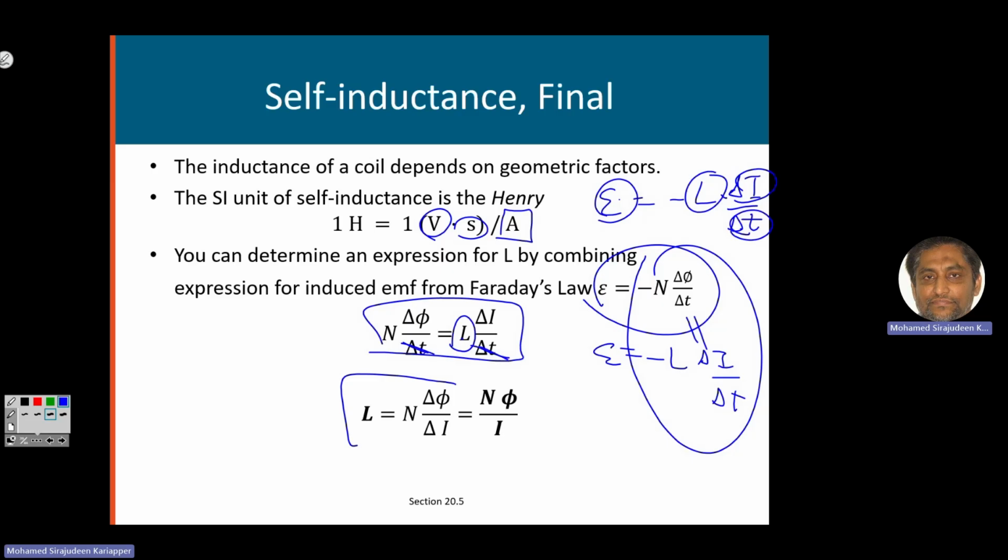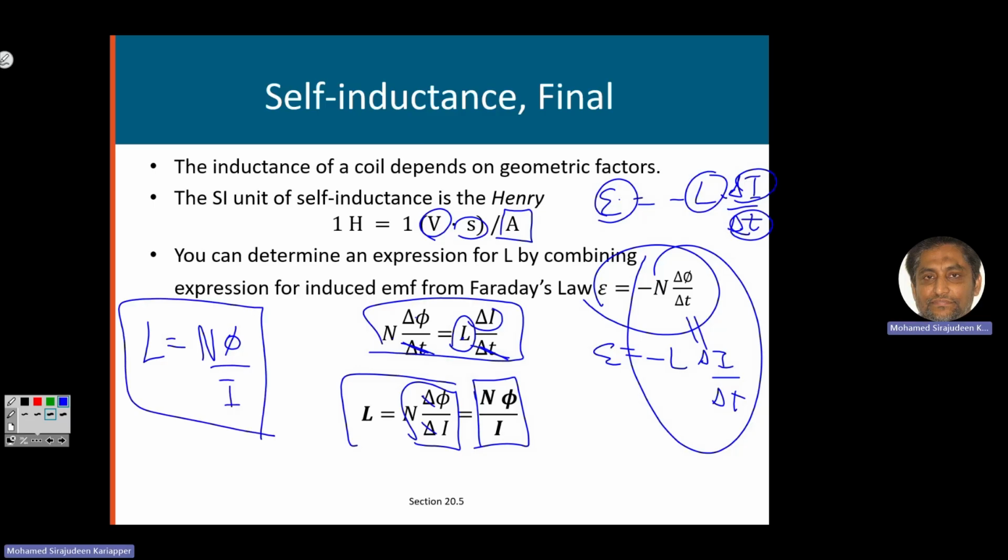So L is equal to N delta phi divided by delta I. You can get rid of the delta and just write it like this. The L of a coil, an inductor, depends on the number of turns and the magnetic flux through the coil, divided by the current that is flowing through the coil.